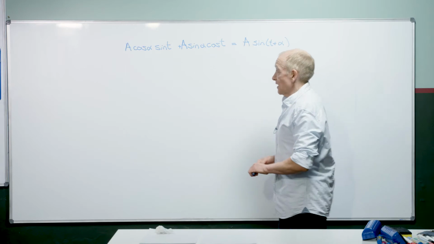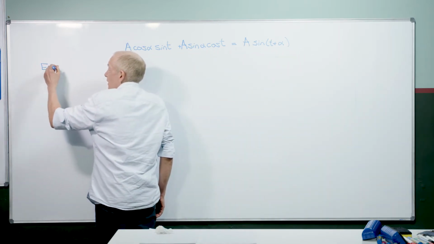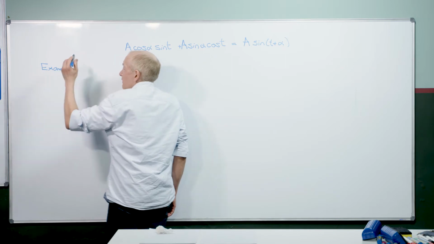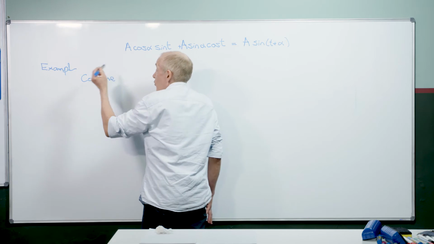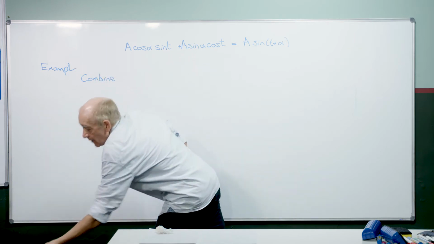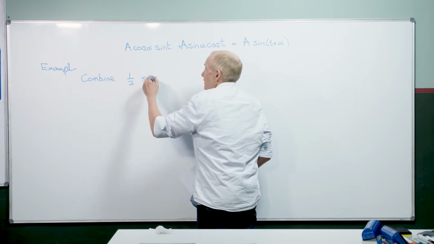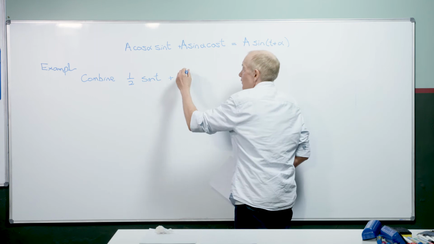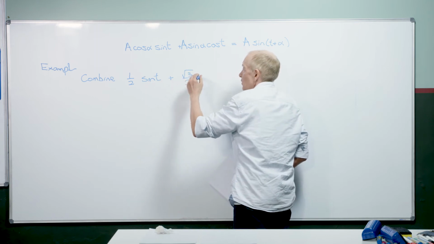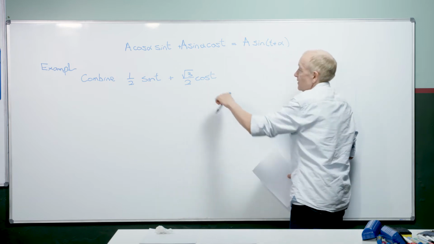So in this example, what we're going to do is to combine, or write, a half sine of t plus root 3 on 2 cos of t as just one single function.